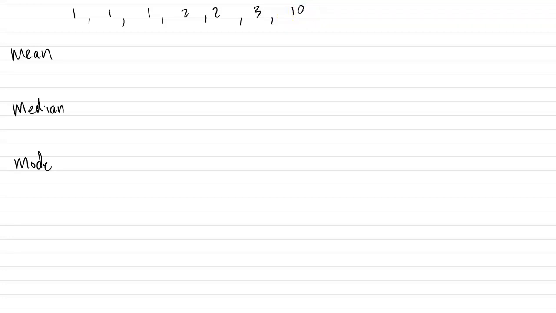Okay, so if we wanted to find the mean, we would just add up all the data values, and then we divide by the total number of data values. So that's 1, 2, 3, 4, 5, 6, 7 different data values. So 1 plus 1 plus 1, that's 3. And then plus 2 is 7.